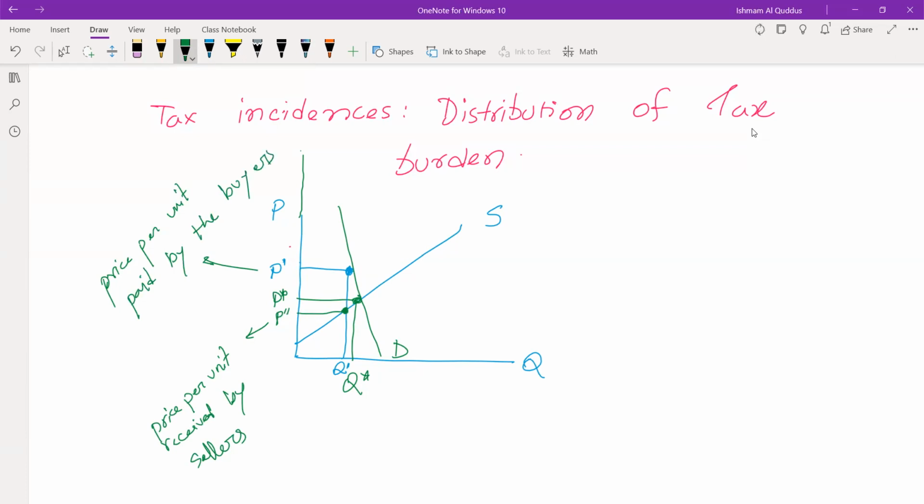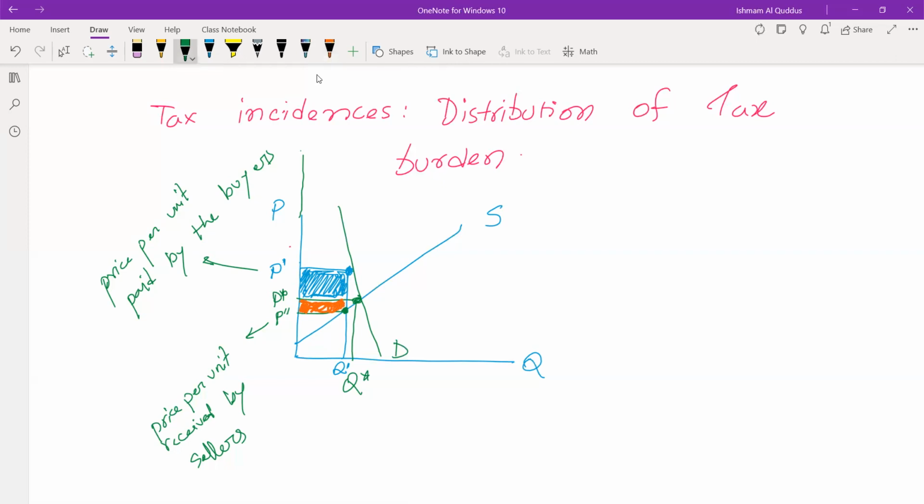So as you can see, now of course we have new consumer surplus and new producer surplus, but I want you to focus on the tax burden distribution part. This part is the tax burden on the buyers, and this bit is the tax burden on the sellers.